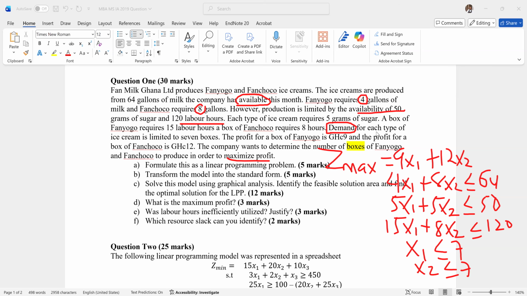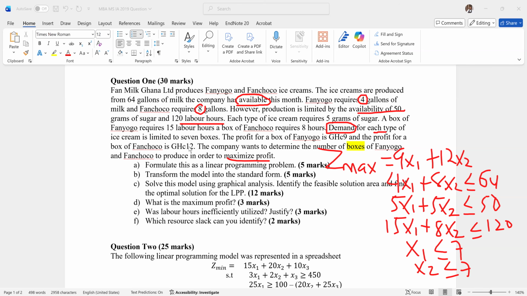Okay, so he mentioned each type of ice cream. So you could have said that, you see, it's talking about demand is limited. That word demand is limited means the quantity demanded of fine yogurt is limited to 7 boxes. Remember, all along, they were measured in boxes, not sachets, but boxes. So if it is limited, it means that it is less than or equal to, you can't go above 7.